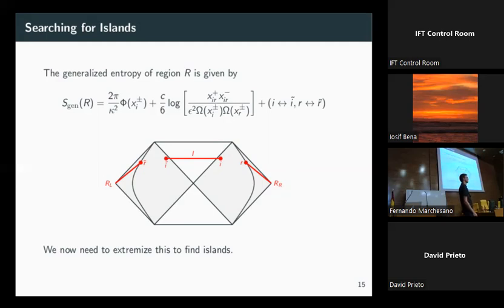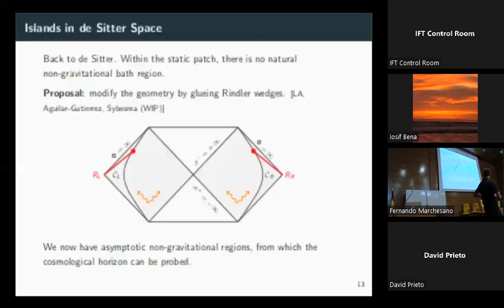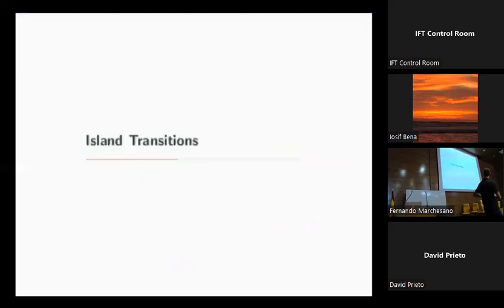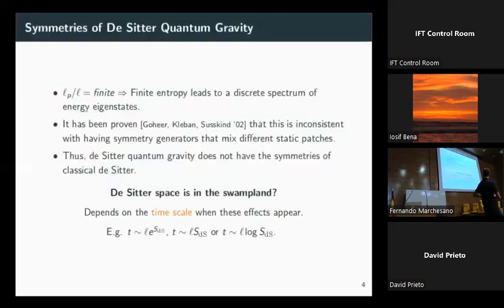How does the Page time correspond to the TCC time scale? Yeah, so maybe if I go all the way back. The TCC timescale is basically this, but there's a subtle difference.